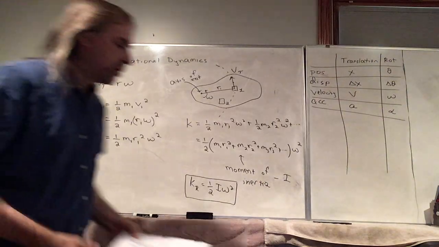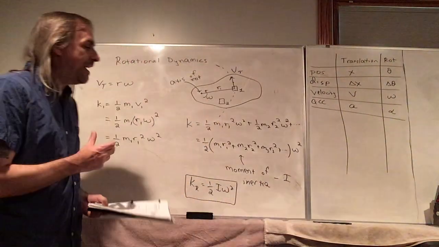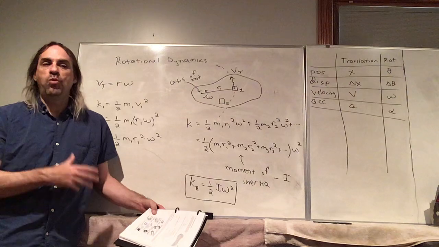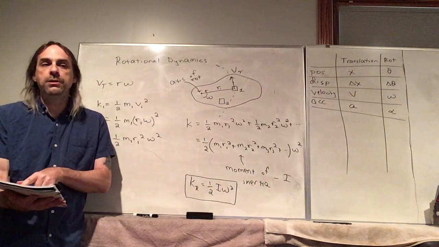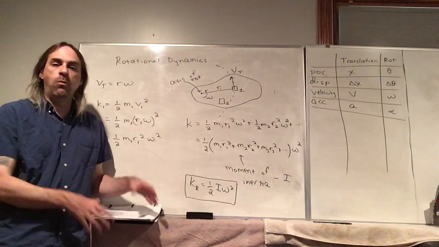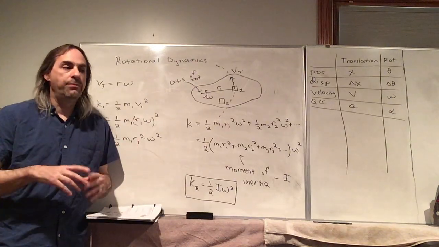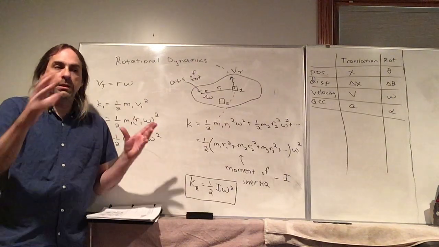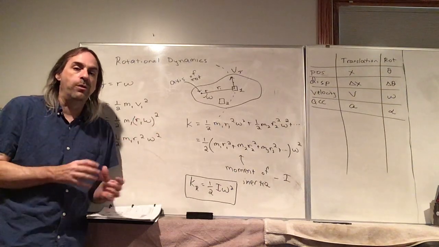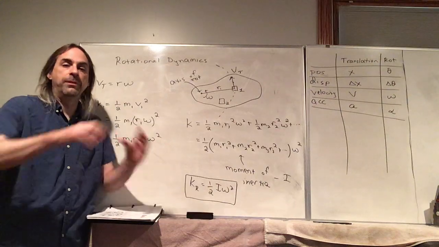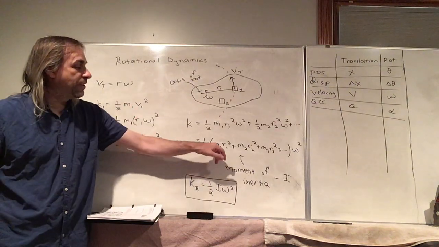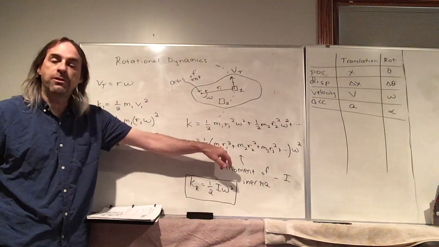So the moment of inertia depends not just on the mass, but on how the mass is distributed. If you have two spheres that have the same mass, but one's solid all the way through and the other is just a hollow shell, the shell is going to have a larger moment of inertia, because each of these terms depends on the radius squared.